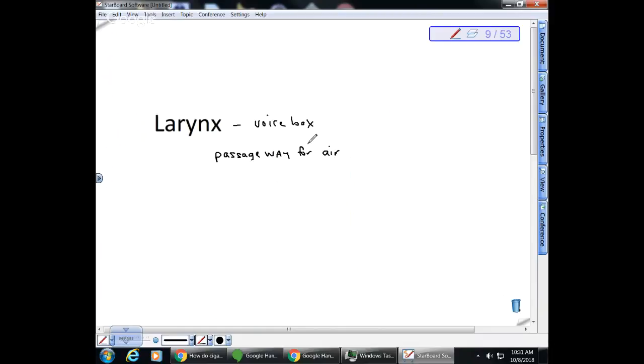Right? But we can also use it for vocalizations, right? So we can actually create sound waves as air moves out of the lungs. So this is where we have the vocal cords.